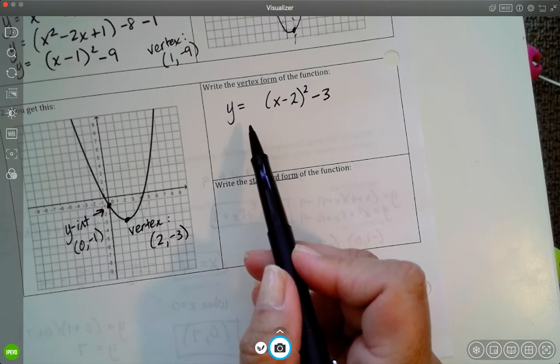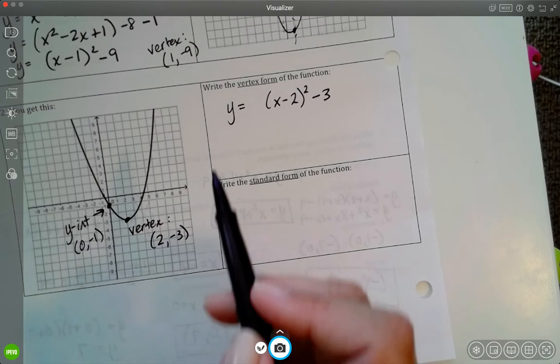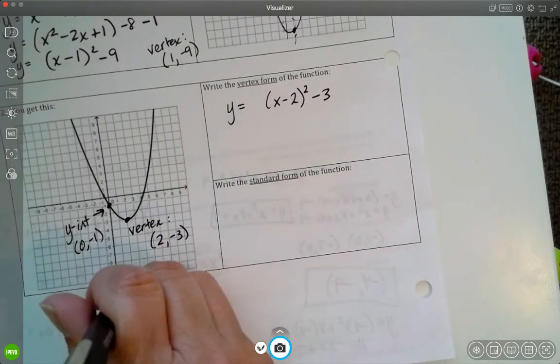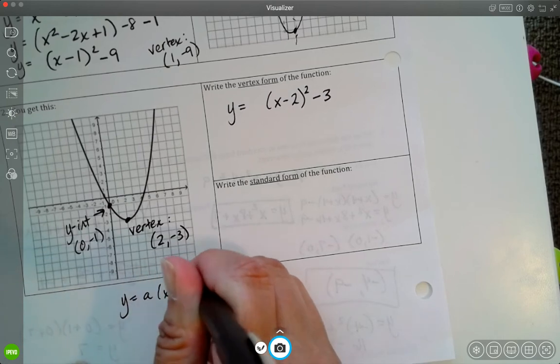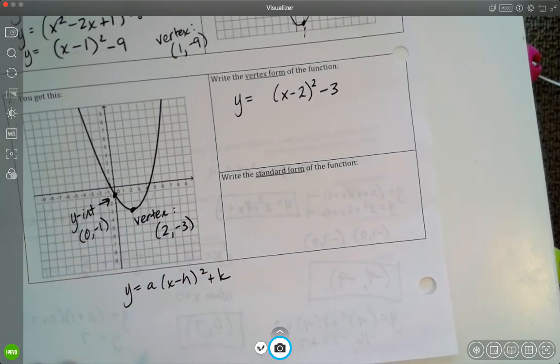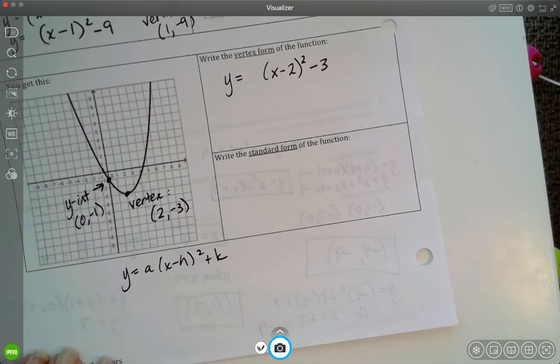So if the y-intercept is 0, -1, and I know the vertex, then I can actually plug all these pieces into my vertex form. And the only thing I don't know is a, right? So if vertex form is y equals a times x minus h quantity squared plus k, I know all of these pieces except for a. Okay, so let me get rid of this.